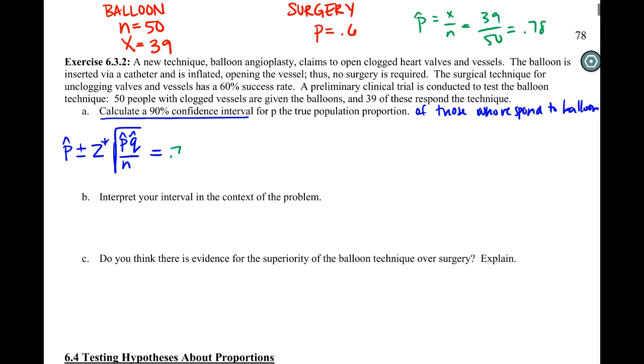So our formula, 0.78 plus or minus our Z star for 90%. You go to your table, 1.645. You'll have the 90 to 95% Z's, our critical values, memorized by the end of this section. We've got 0.78, our Q hat is just 1 minus that, and we have our N of 50. So this is the calculation you're doing by hand.